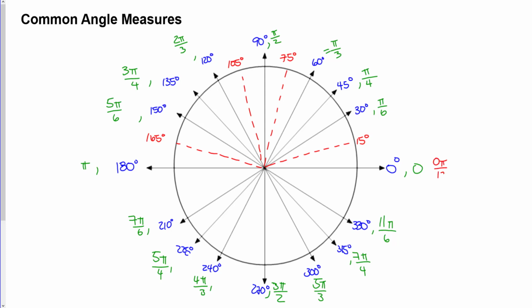0 pi over 12, 1 pi over 12, 2 pi over 12, 3 pi over 12, 4 pi over 12, 5 pi over 12, 6 pi over 12, 7 pi over 12, and so forth.